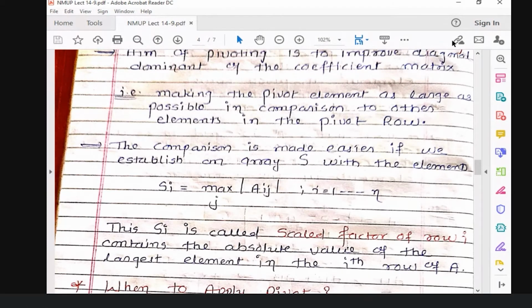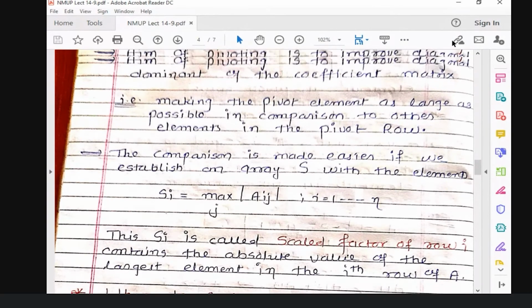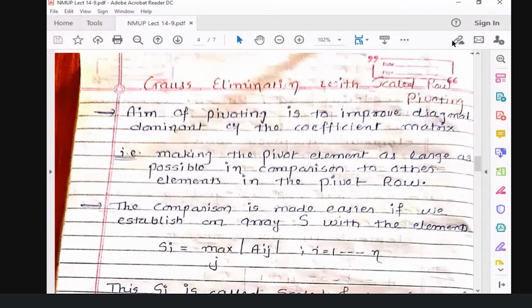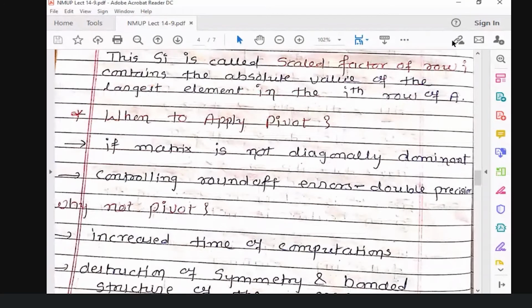Wait, I think my screen is a little bit lagging. Is the screen visible to you? The Gauss elimination with this scale row pivoting, is it visible to you?